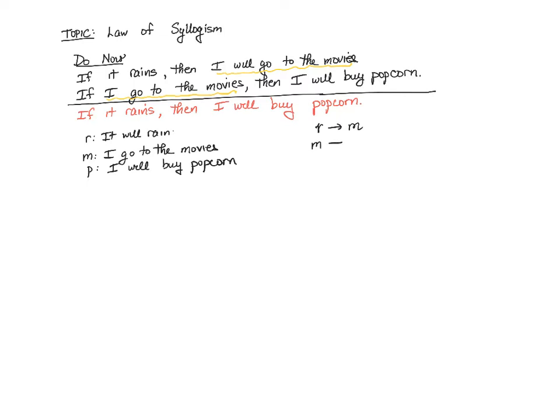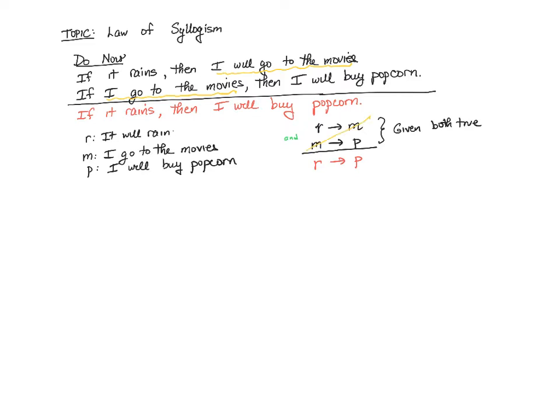If M, then P, for the second statement. And therefore, because this is given and they're both true, and this is all implied, it's understood, and there's that invisible word "and" in between them, then we can conclude that if R, then P. So these kind of cancel.